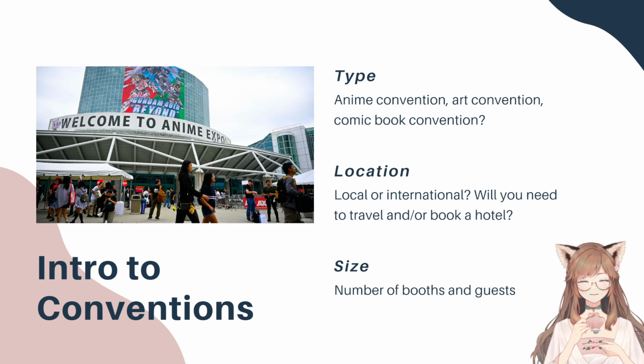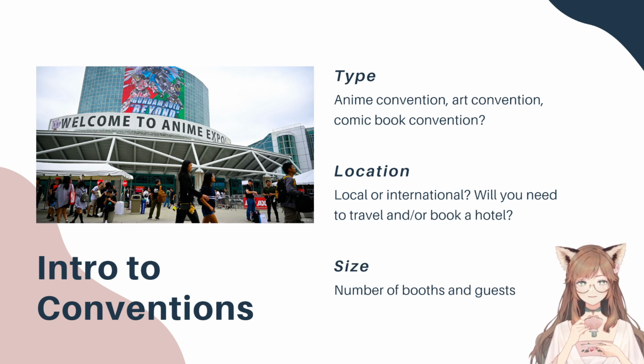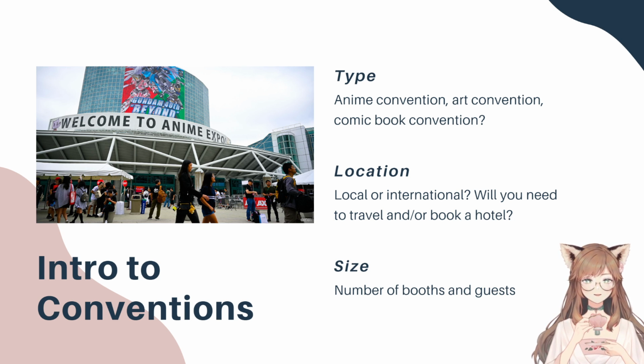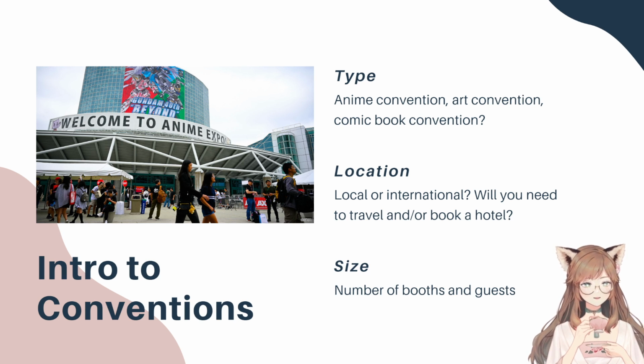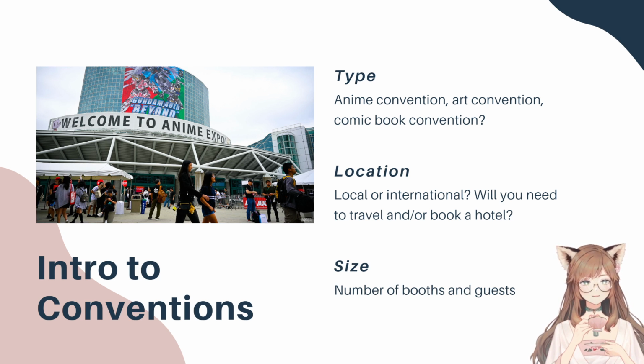But there may also be guest speakers. The biggest one in the UK is MCM, which is kind of a multimedia type because they have comic books, movies, TV shows, guests and panels for all kinds of media. So there's plenty of different types to choose from.